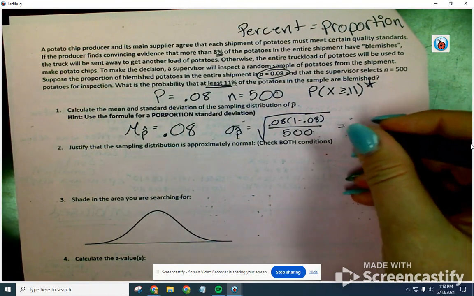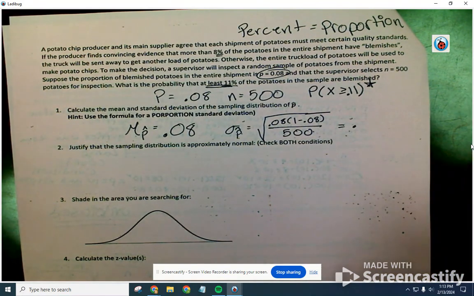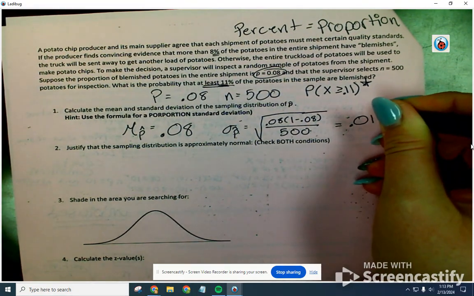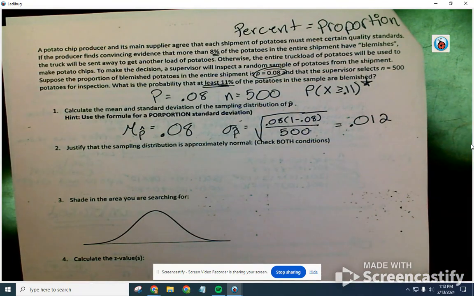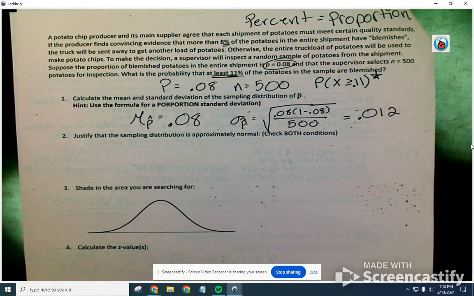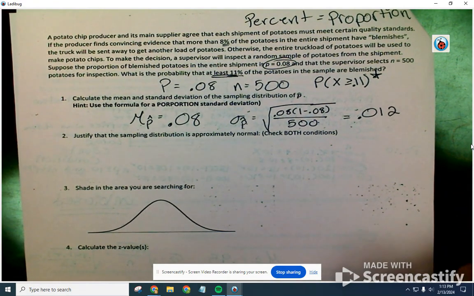We type that into the calculator and we get, you can pause if you want to go ahead and type this in the calculator just to stay with me. I already did these calculations and I found that that is 0.012. Now, if you were to go further and use more digits for the standard deviation, you would get a more exact, a more precise answer.